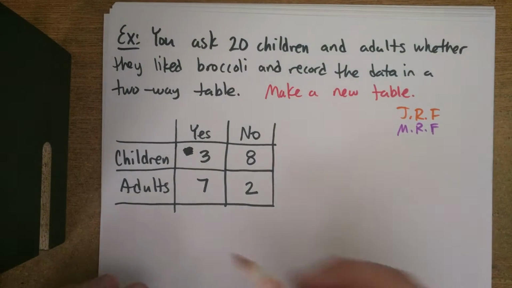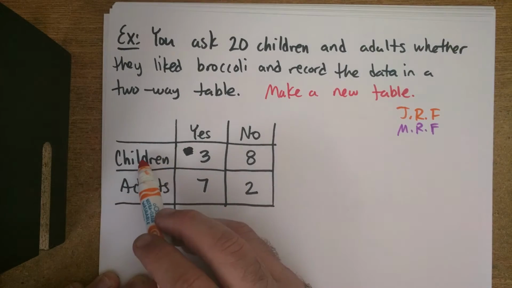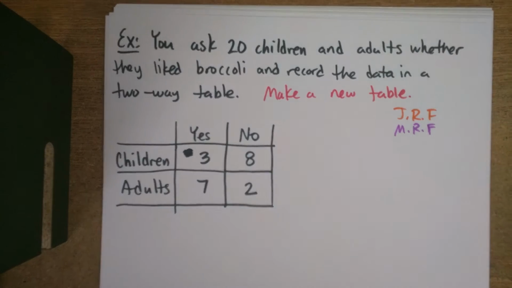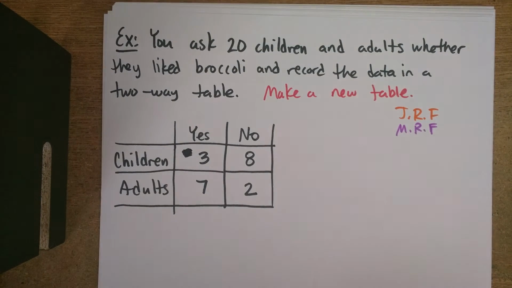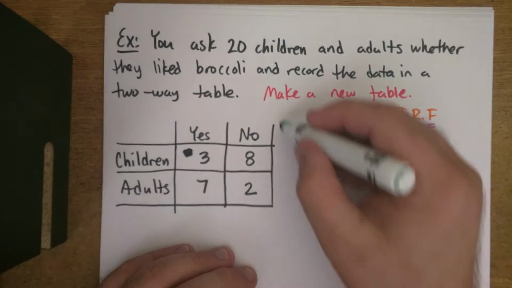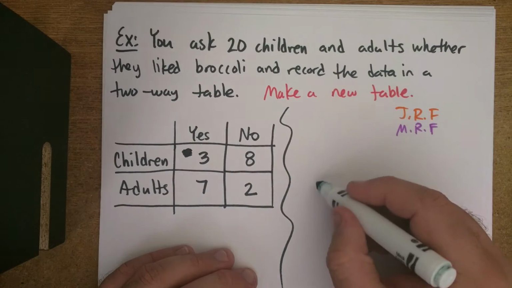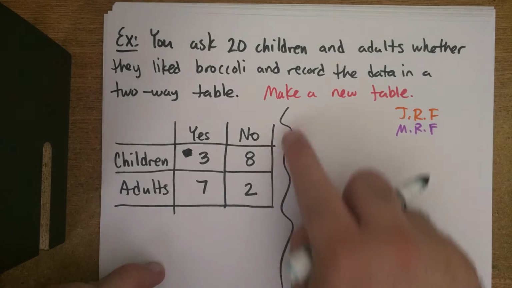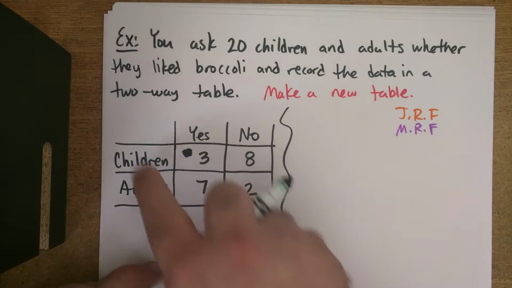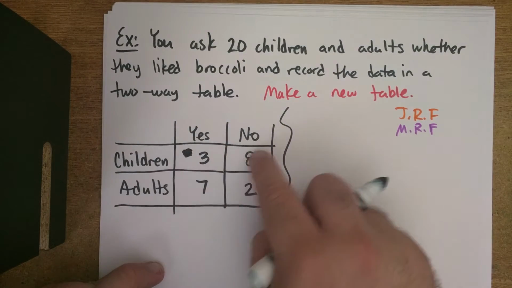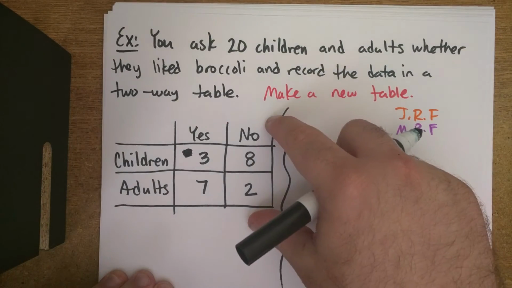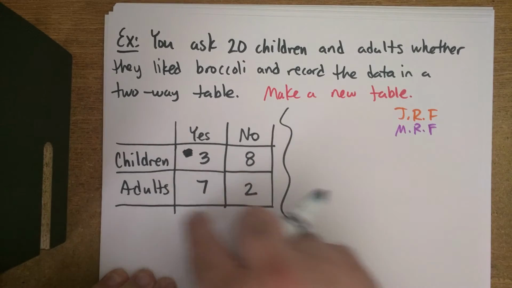Now, the labels of your new table still need to have children and adults and yes and no. You're going to need to keep room for a third row and a third column, but otherwise it's going to look similar to this, just with different numbers. So leave room for a similar looking table, with an extra column and an extra row.